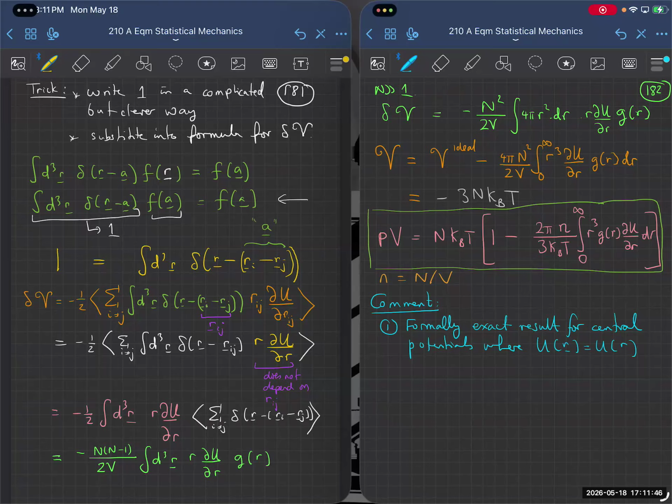That's the first thing. It looks really great, and it comes from the virial theorem, so it's exact and all of that. So there's only one problem.